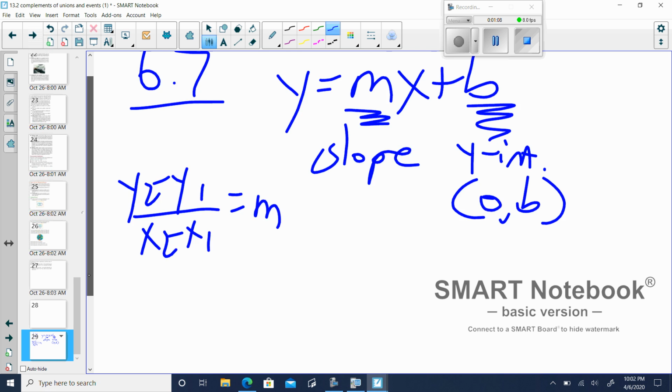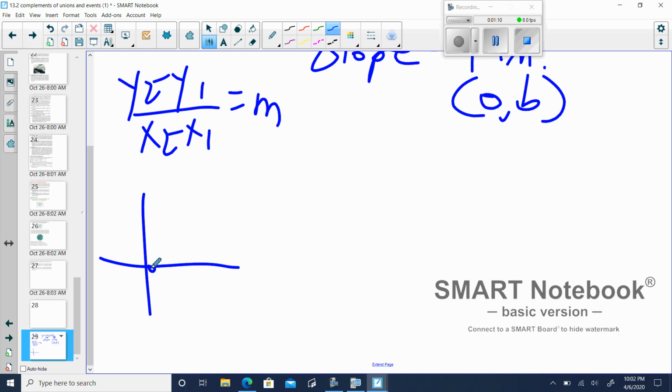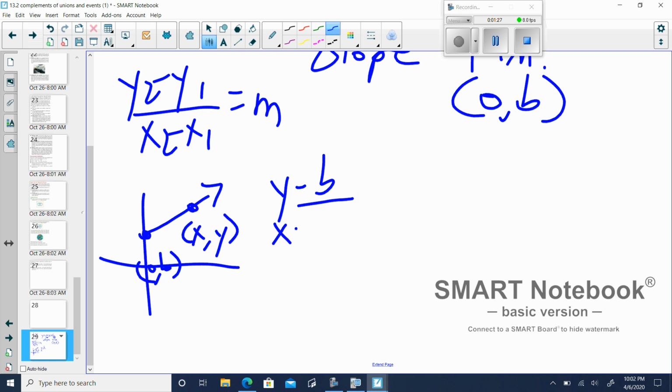And for this, they give us (0, b) and they give us (x, y). So they want us to use y for y2, b for y1, x for x2, and 0 for x1.